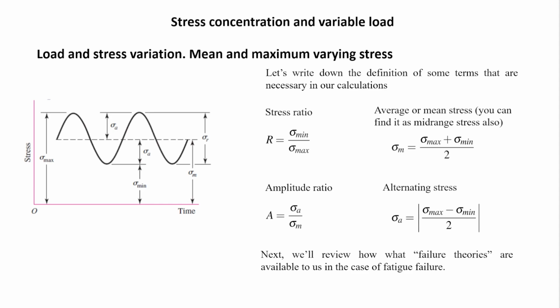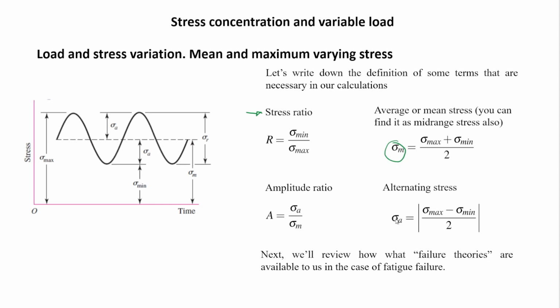Why is that? Well, we need to use certain features extracted from that curve, features extracted from specific points of the variating load. For example, the first one that we're going to talk about, stress ratio, is simply the ratio between the minimum and maximum stresses, as simple as that. Then we are going to have the average, which is just a statistical average between the maximum and minimum.